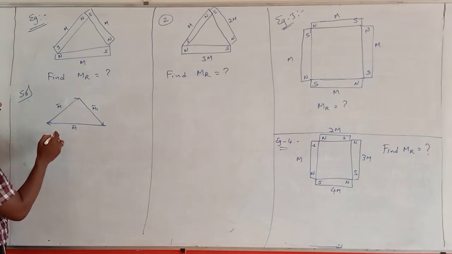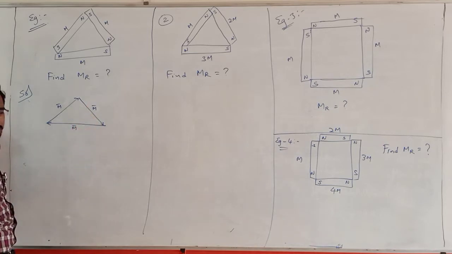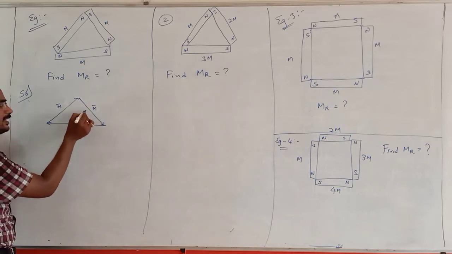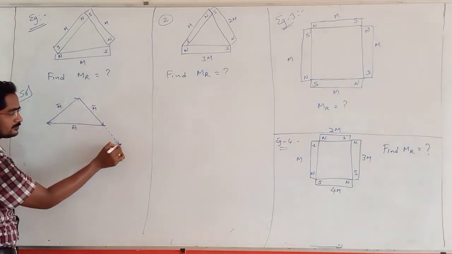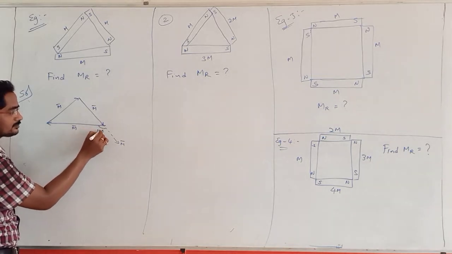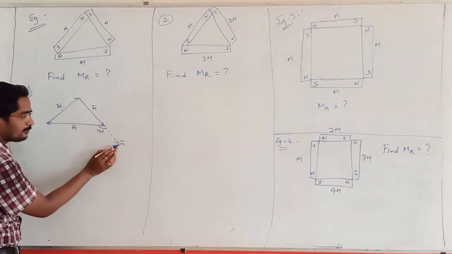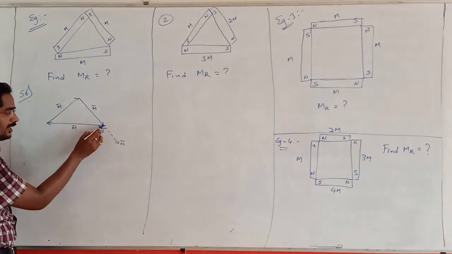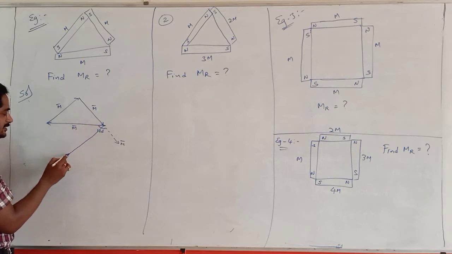First of all, for two magnets, what is the resultant that we should write first? What is the angle between this M bar and this M bar? This is actually the M bar direction. Totally, the angle here is 120. For this M bar and this M bar, the resultant should be exactly midway, at an angle of 60 degrees.